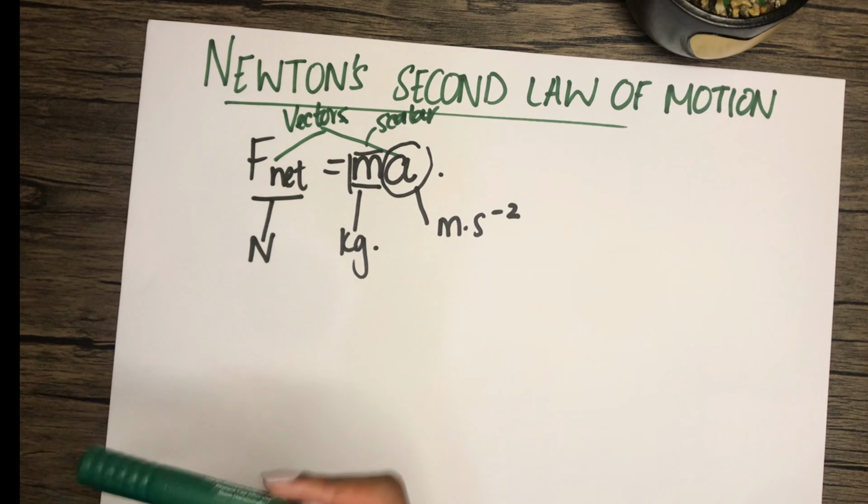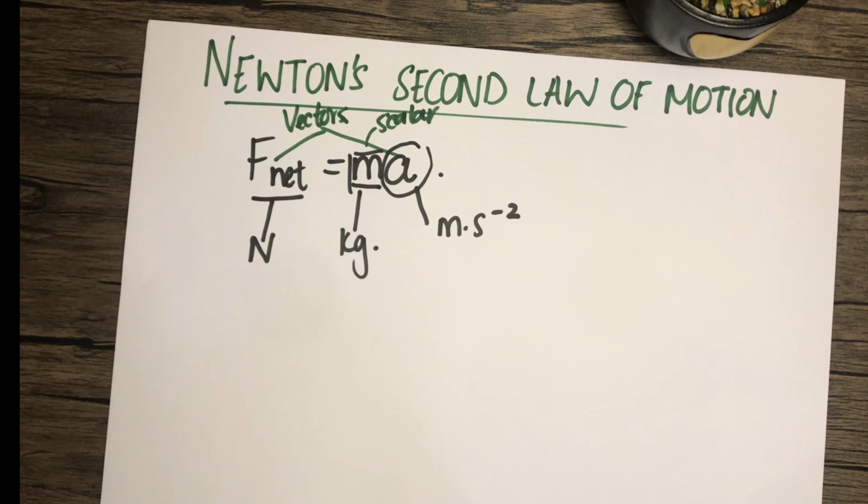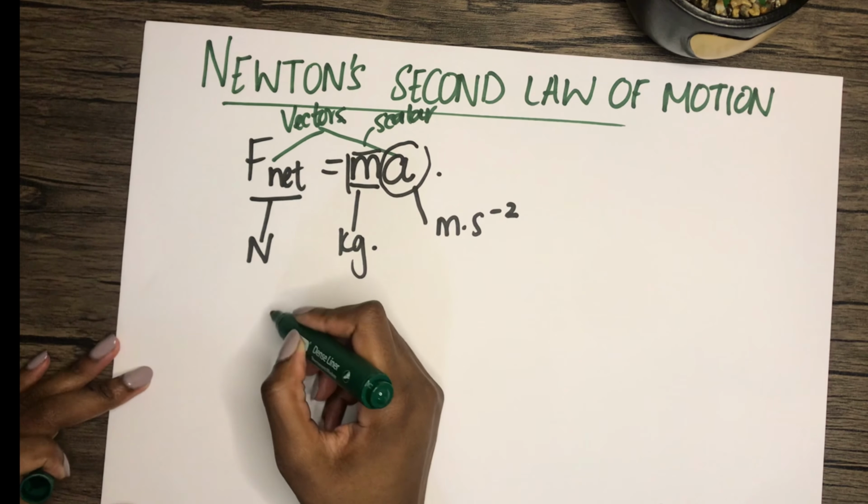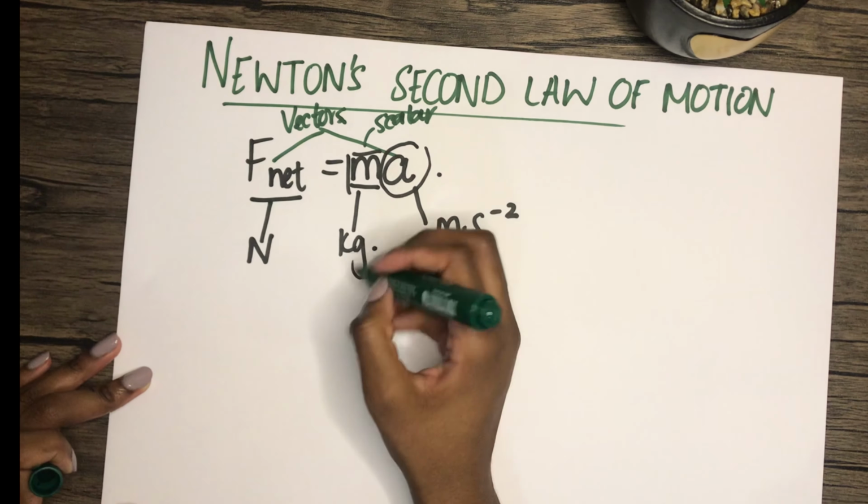So just for the conceptual part of it, we say when a net force is acting on an object, then the object would accelerate in the direction of the net force. So from here we have two relationships.